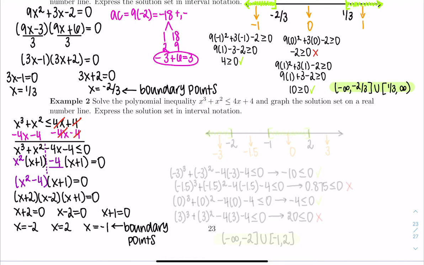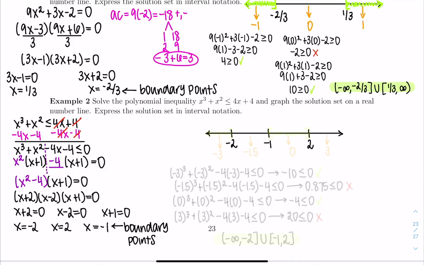So let's put those on a number line. So we've got -2, we've got -1, and we've got 2.